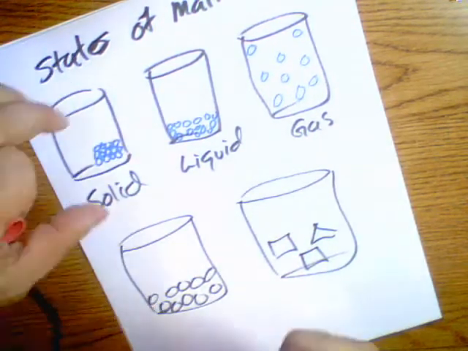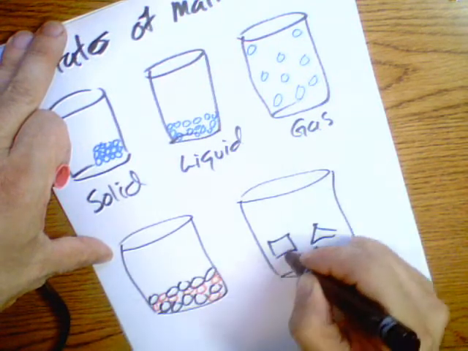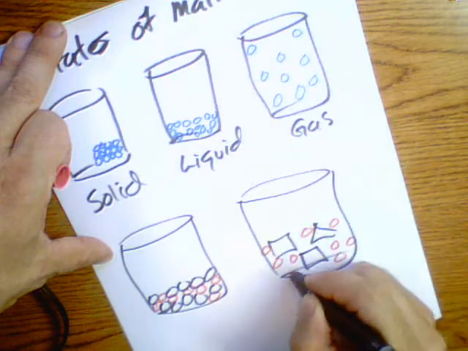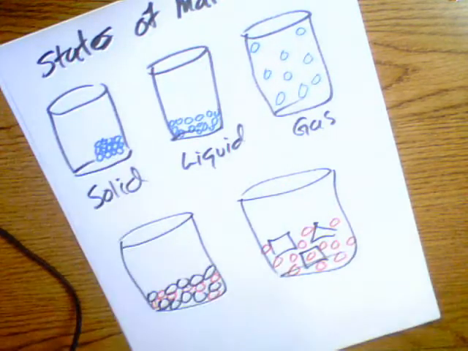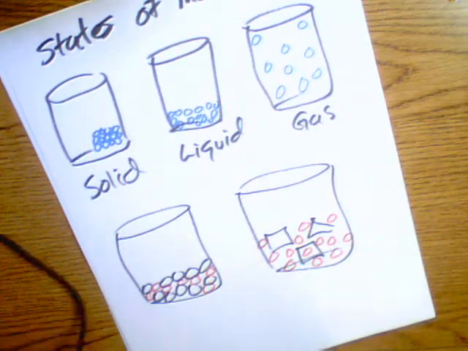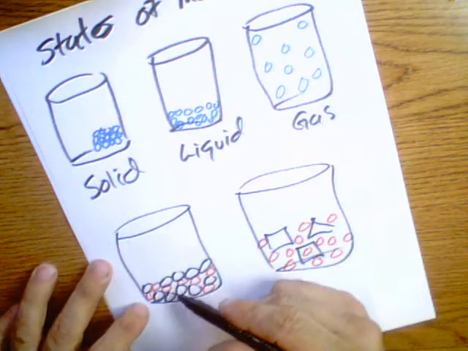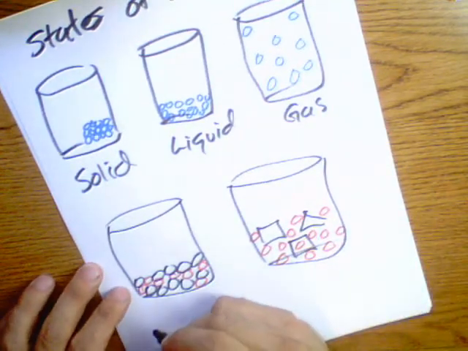Here's a good example of a couple of different ways that we find matter. We could find matter in a homogeneous solid or a homogeneous liquid or gas.